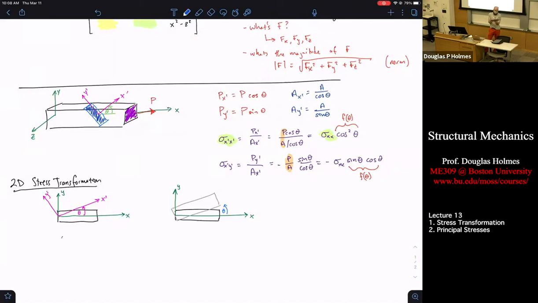So this one where you're rotating the coordinate system produces a rotation matrix Q, which is cos theta, sine theta, negative sine theta. And this one produces a rotation matrix R, which is the transpose of that.